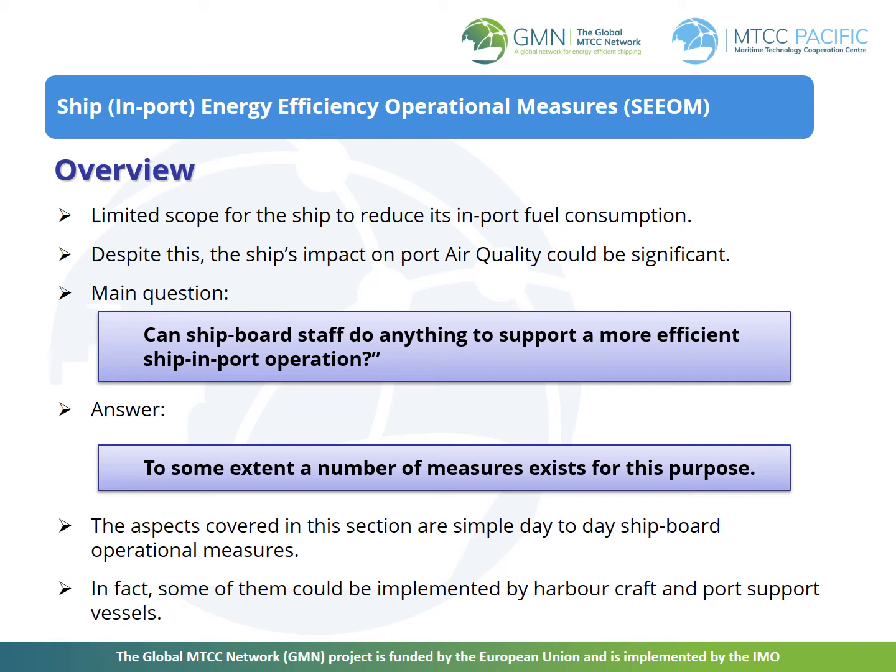The main question is, can shipboard staff do anything to support a more efficient ship and port operation? A number of measures can be identified that, if implemented, would reduce fuel consumption for the benefit of a ship's energy efficiency and port air quality.